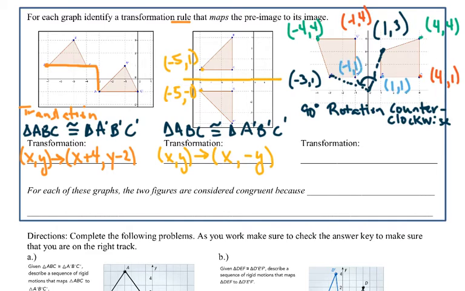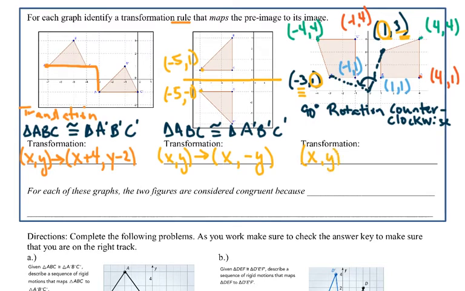So you should see a pattern where the original x here becomes the y in the image, and the original y becomes the opposite in the x position. So the rule for this is (x, y) goes to, okay, so the original x became the y, so we're going to put that over here, and the original y was turned opposite and became the x, so it's (-y, x).